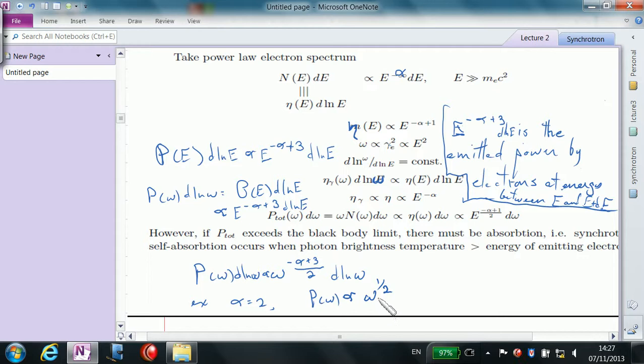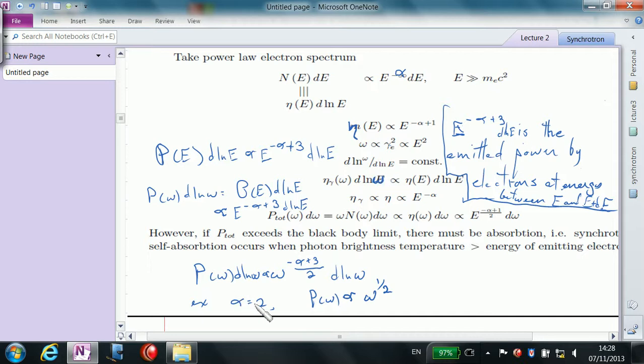Which is why, even though the amount of energy per unit logarithmic interval in electrons is constant, when alpha is equal to 2, alpha plus 1 is e to the minus 1, that's the number of electrons. But if I multiply it by the energy, the total energy in the electrons per unit logarithmic interval is constant when alpha is 2.